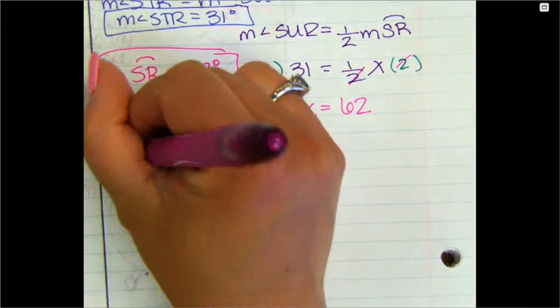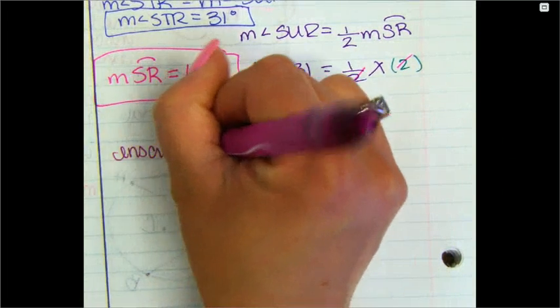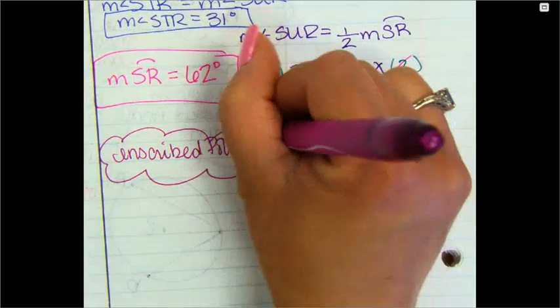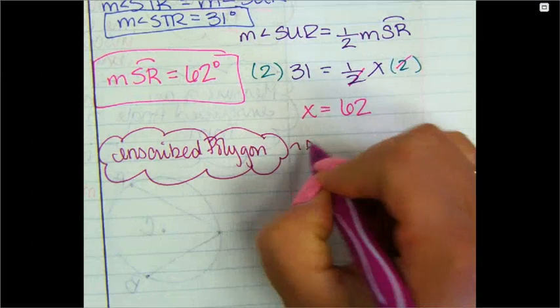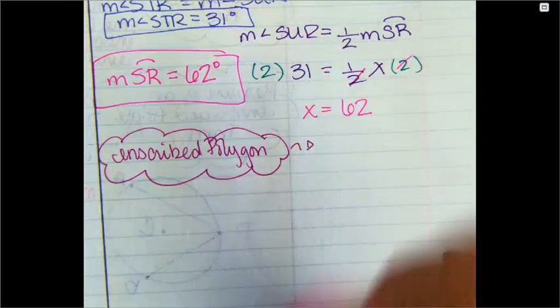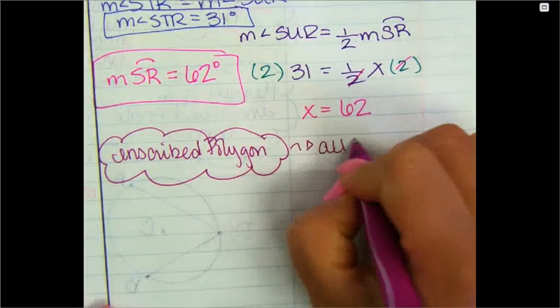Another word. Inscribed polygon. All the vertices.